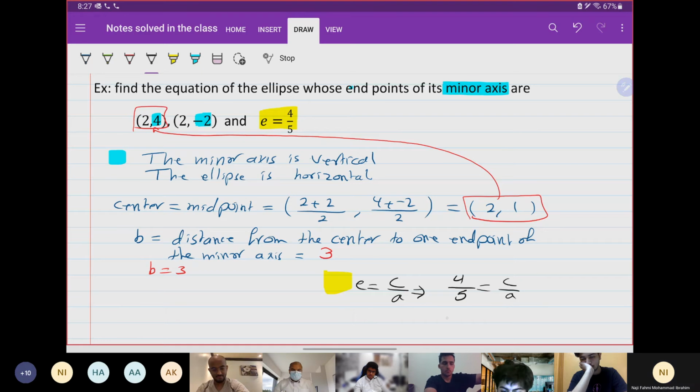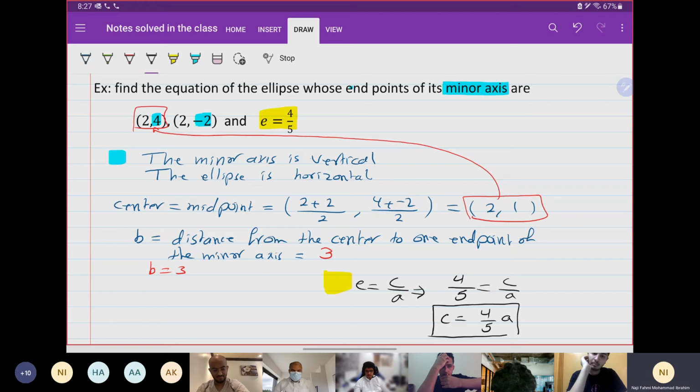Unfortunately, the answer is no. If I have 2 variables, how many equations do I need? 2 equations. How many equations do I have right now? Only 1. So I need to search for another equation.